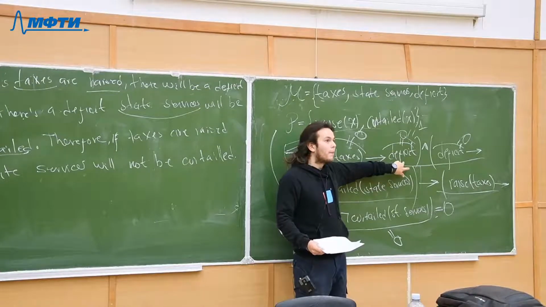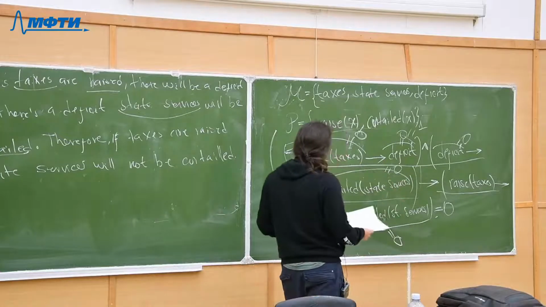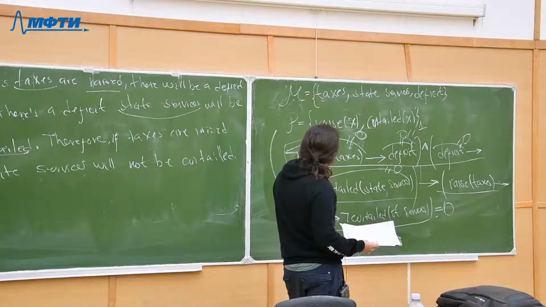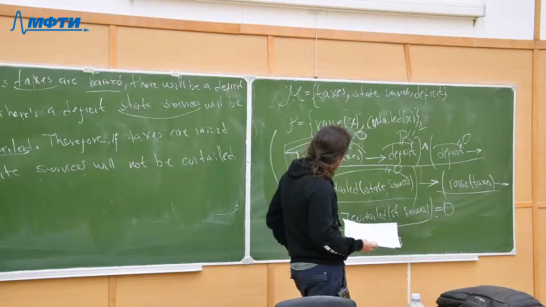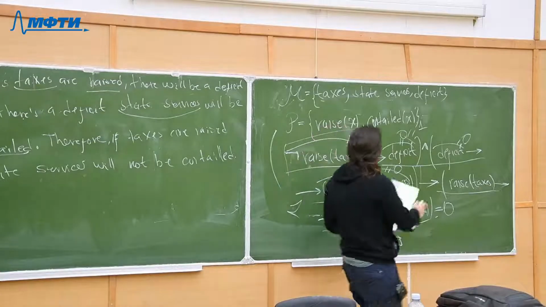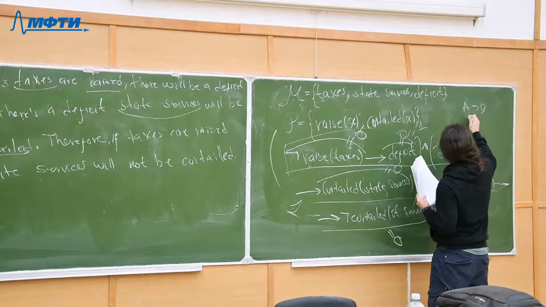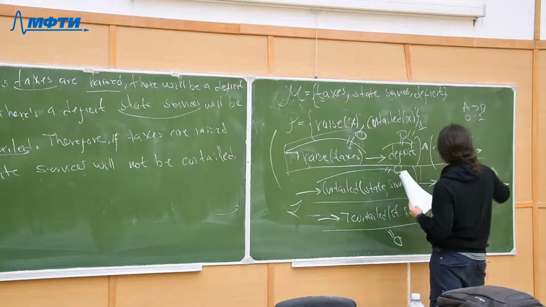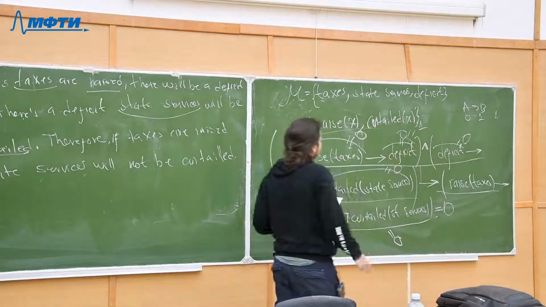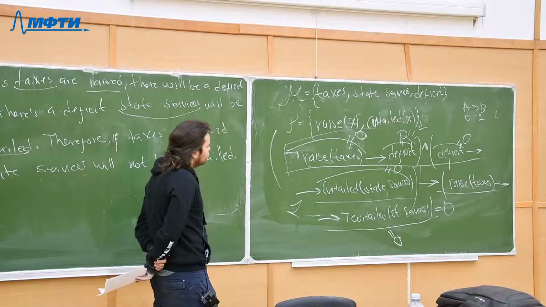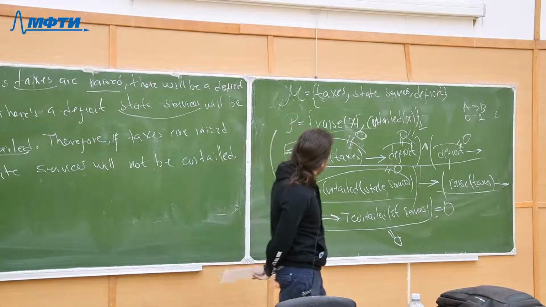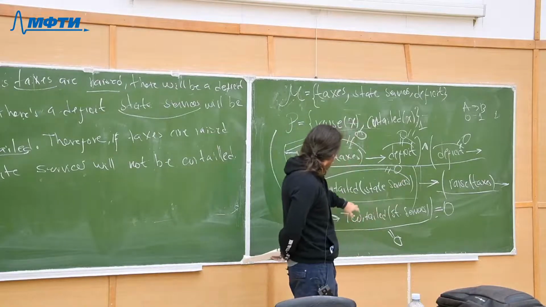Oh, this can be 1? From false, if, so this could be 1. So if we have A, B, 0 and 1, this is 1. Yes, that's true. So what do we need to do here? Let's not think about this one thing, let's think about this one.